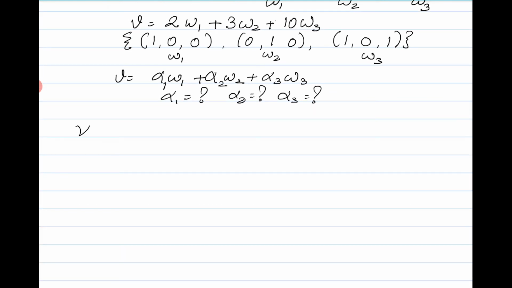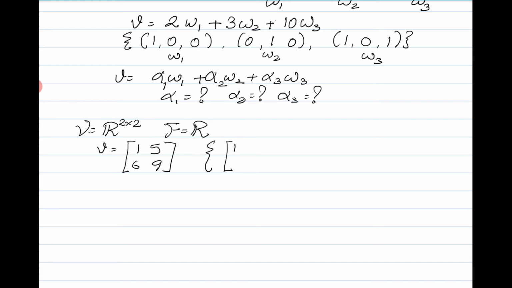Similarly, if you consider a vector space which is the set of 2 cross 2 real matrices with the field R, choose a V, let's say 1, 5, 6, 9, and a set, let's say 1, 0, 0, 0, and 0, 1, 0, 0.